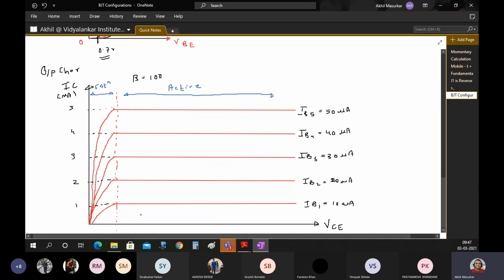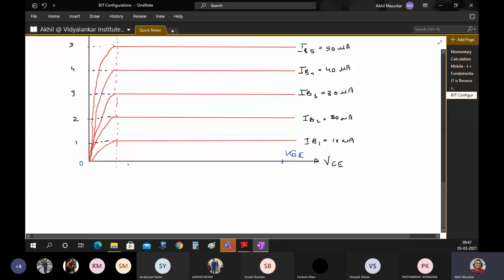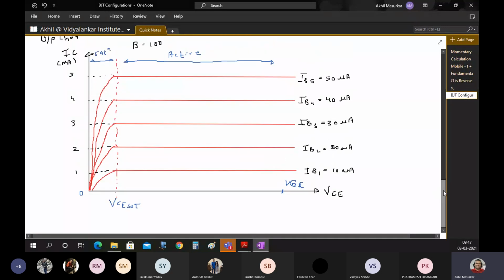This value here is called VCE SAT. Now, if you increase VCE from 0, let us say initially VCE is 0. So if VCE is 0, what will happen?